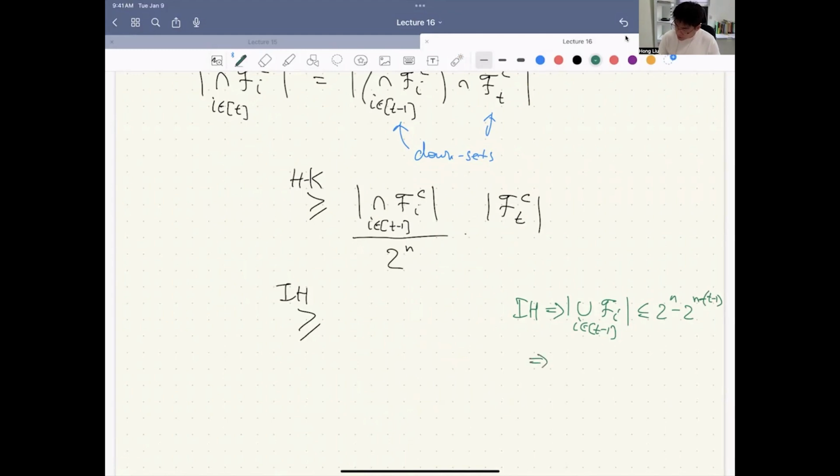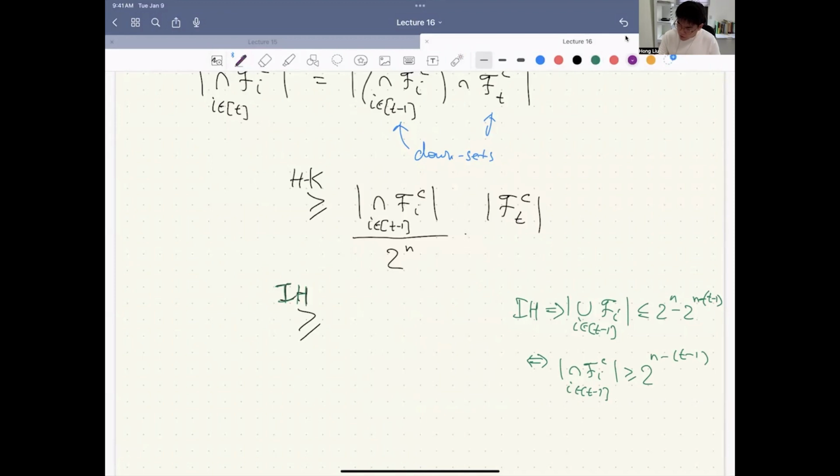This implies that if you look at the complementary family, its intersection is at least 2 to the n minus t plus 1. Okay? So that's the first thing.